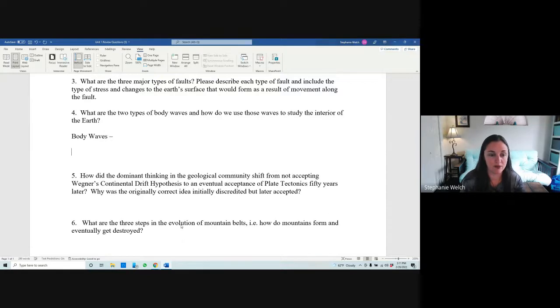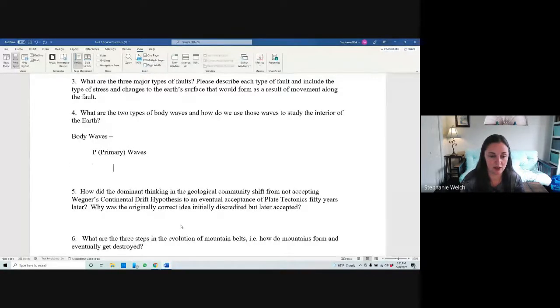The 2 different types of body waves are P for primary waves and S for secondary waves. As the names would suggest, primary waves travel faster.